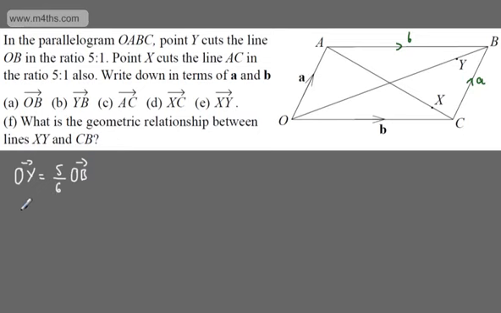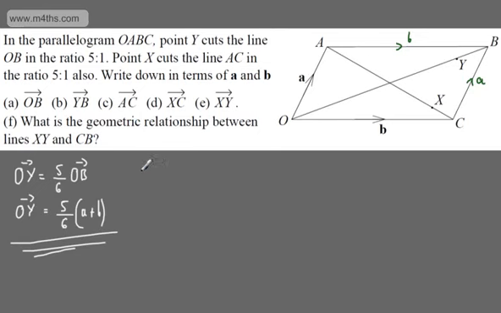So what we can say from this then is the vector OY is going to be, now if I want to go from O to B, I need A plus B. So we can say that this is going to be 5/6 of A plus B. That now gives me OY. Now let's consider what I want right here. If I look at AC, I know that X is 5/6 of the way there as it's split in a 5 to 1 ratio. So what we can say then is the following.